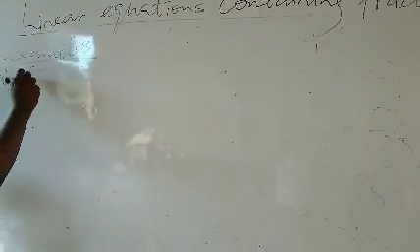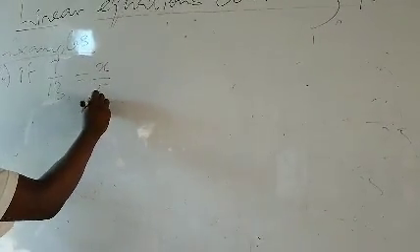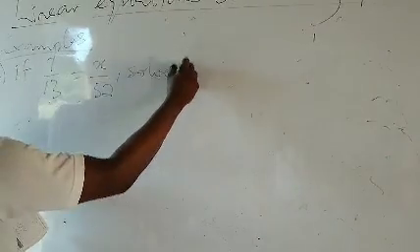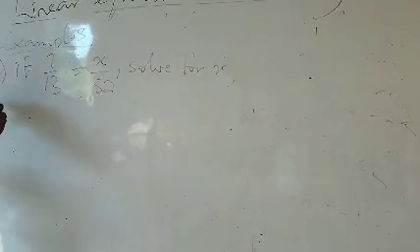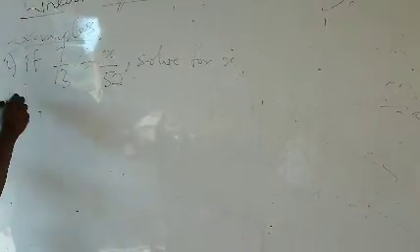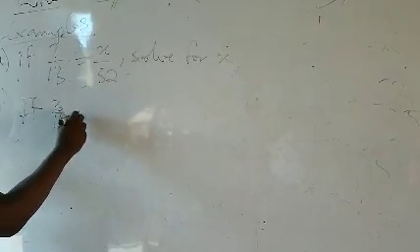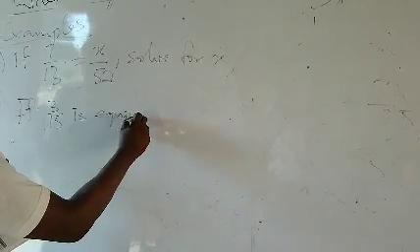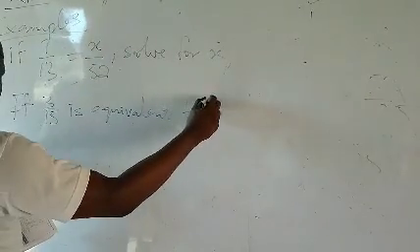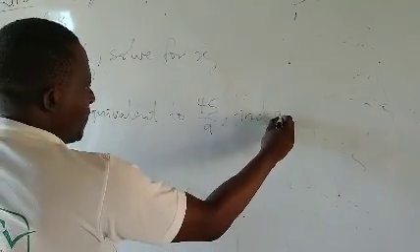Let's look at these examples. First, if 7 over 13 is equal to x over 52, solve for x. The second one says, if 3 over 15 is equivalent to 45 over a, find a.